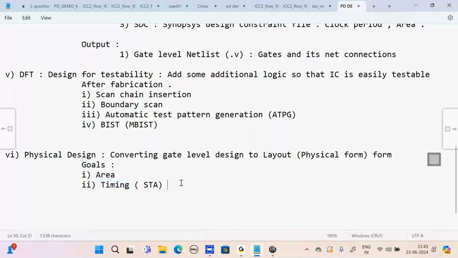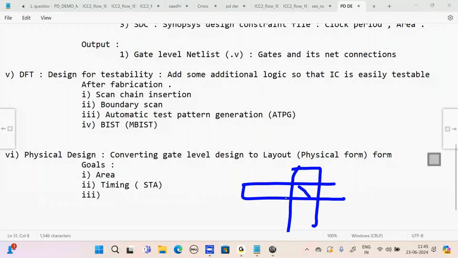Next, you have to do the design so that it can be fabricated easily. Because you are the last person who is going to generate the layout. See, if you generate a layout where two metal layers are crossing each other, then there is a short, right?